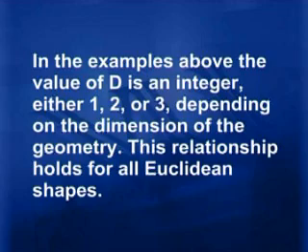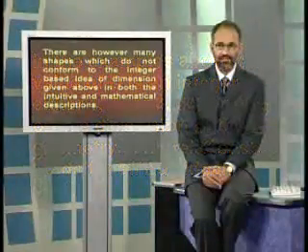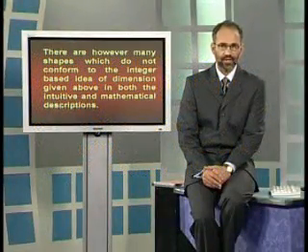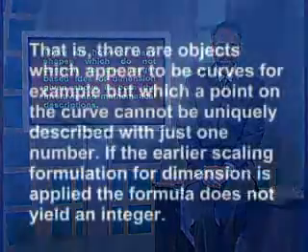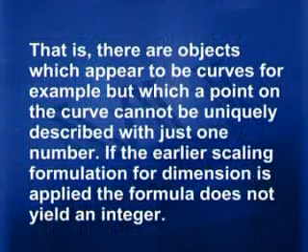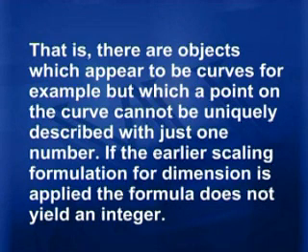There are, however, many shapes which do not conform to the integer-based idea of dimension given above in both intuitive and mathematical descriptions. There are objects which appear to be curves, for example, but for which a point on the curve cannot be uniquely described with just one number.